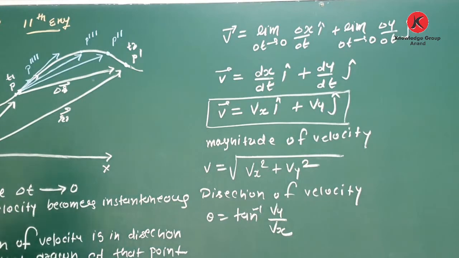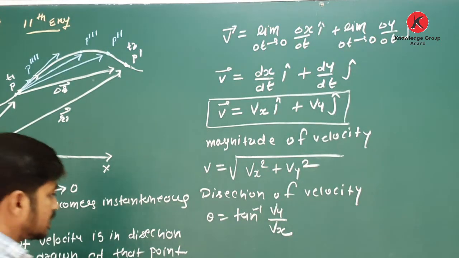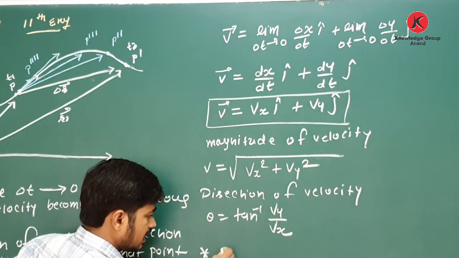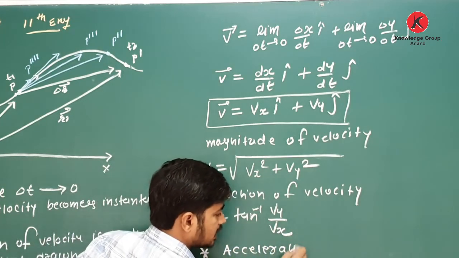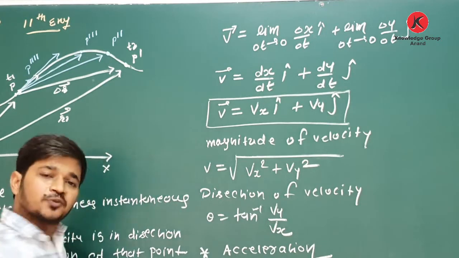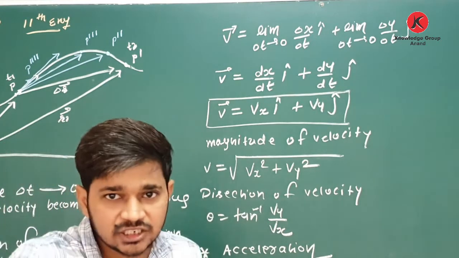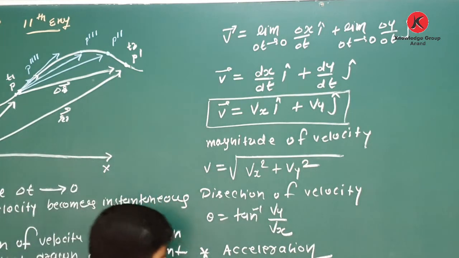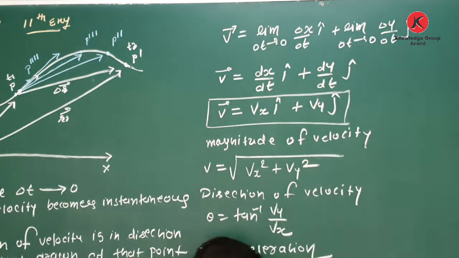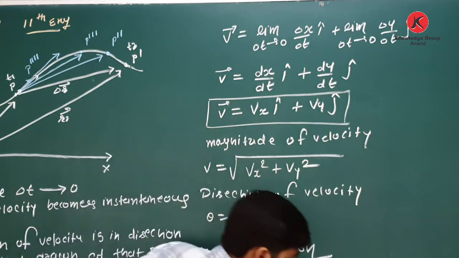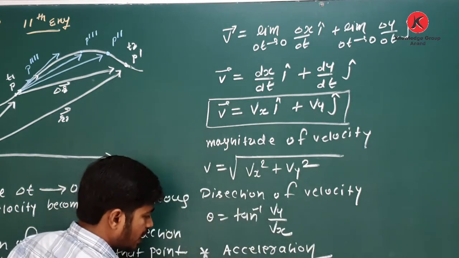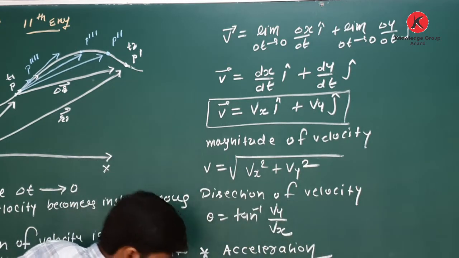See, we will see what is acceleration. First of all we will find what is average acceleration. For that, again I am taking one situation. It is x-axis, it is y-axis, it is origin.